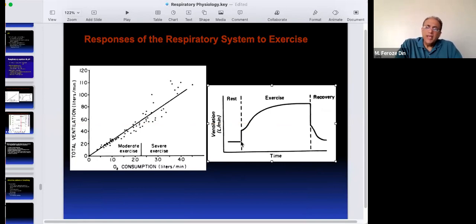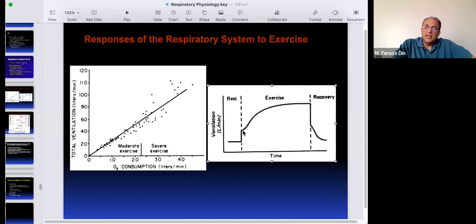As soon as you begin exercise, the thought of exercise, as well as the first few movements you make, all of these will give a feed-forward influence so that immediately the respiratory rate rises. This will be a feed-forward response.